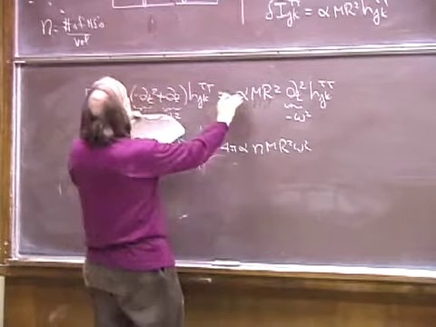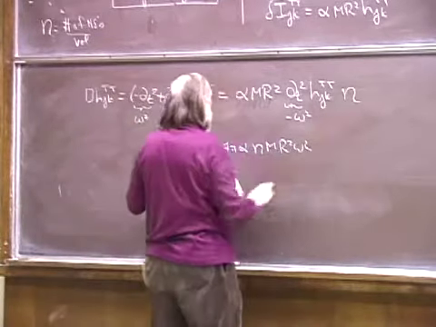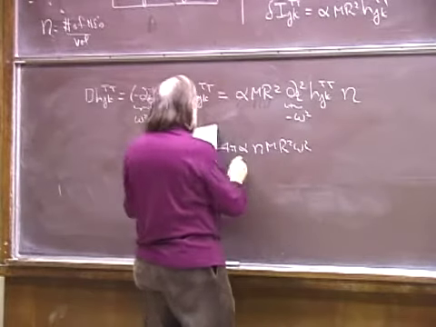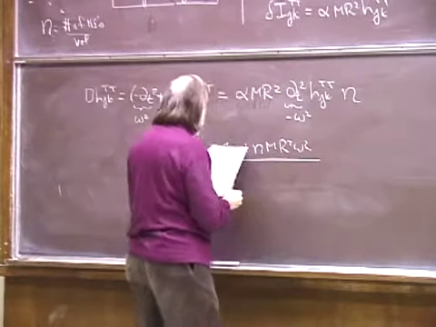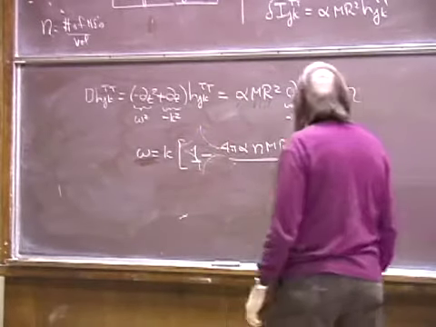I left out n for here, the number density of stars, divided by, oops, I screwed up.